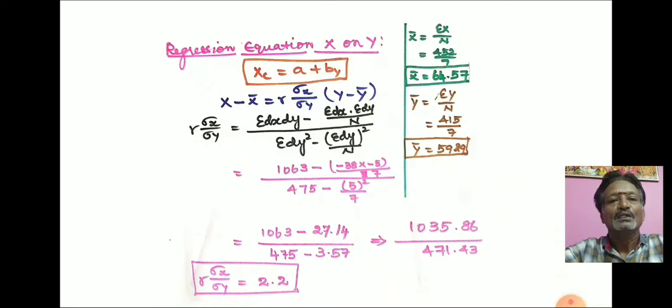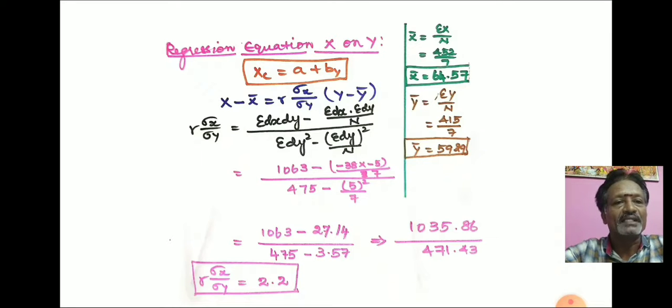So r sigma x by sigma y equal to sigma dx dy minus sigma dx into sigma dy by n, the whole divided by sigma dy square minus sigma dy the whole power 2 by n. Now you can substitute the values. Here sigma dx dy is equal to 1063, you put minus sign, and sigma dx equal to minus 38 and sigma dy equal to minus 5.